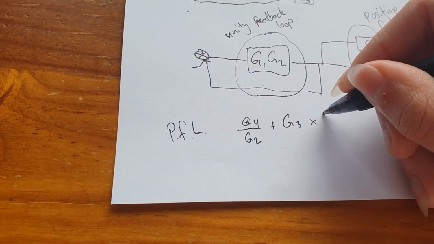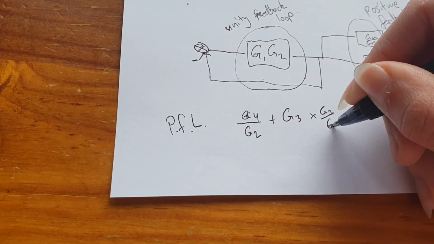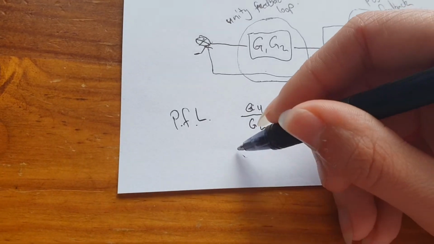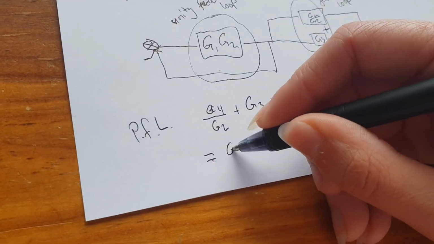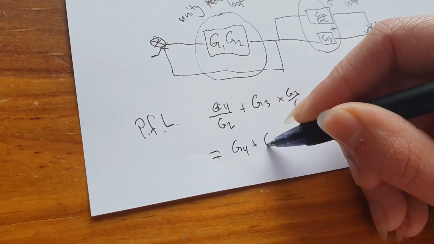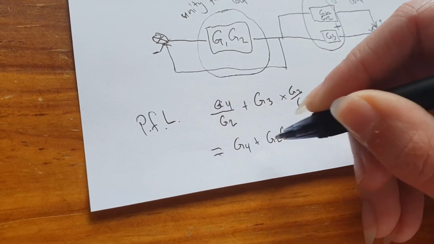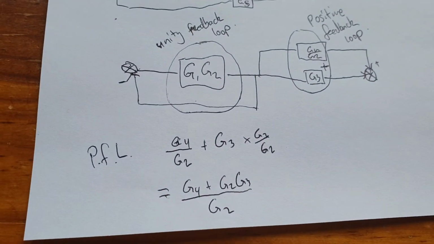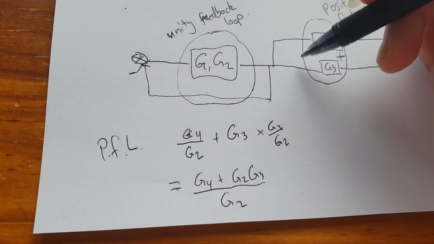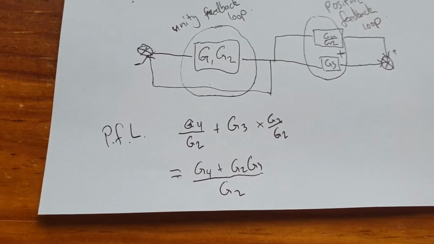Let's multiply it by G2 over G2 to get the bases the same. Then we'll have G4 plus G2, G3 over G2. Cool, so we've now reduced this section here.